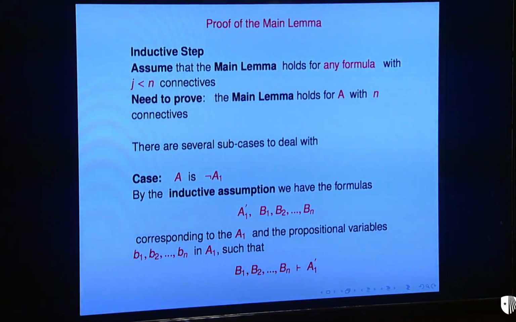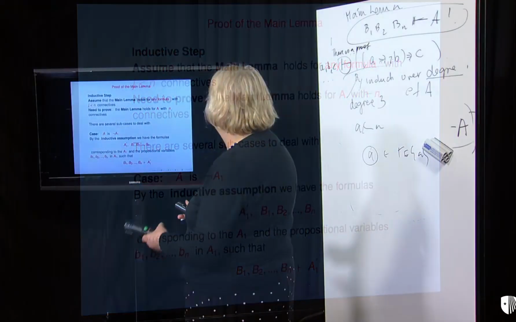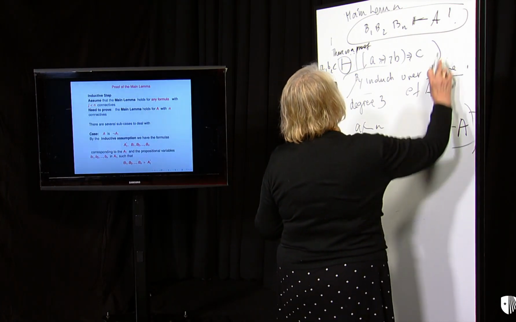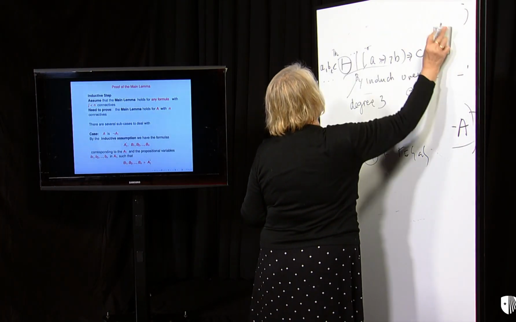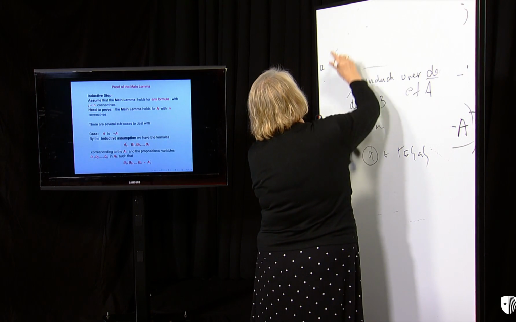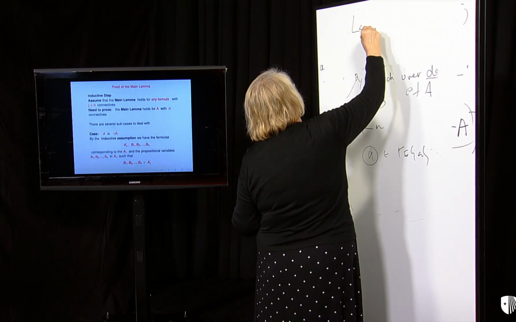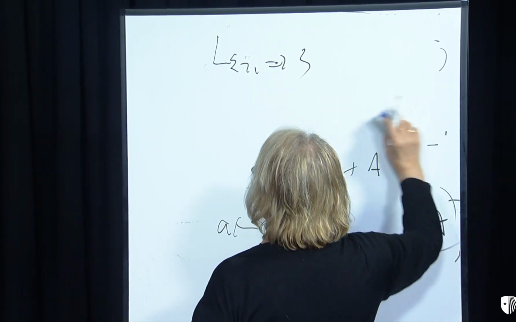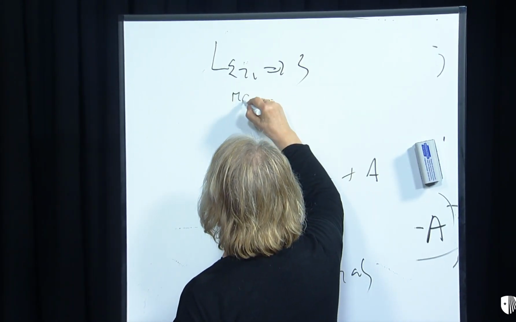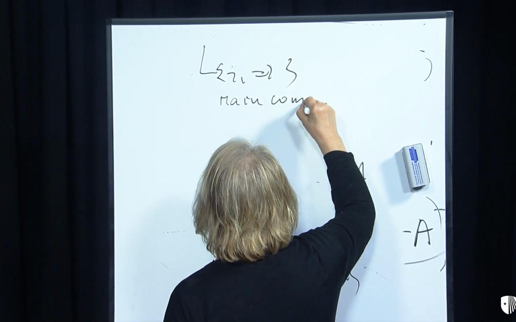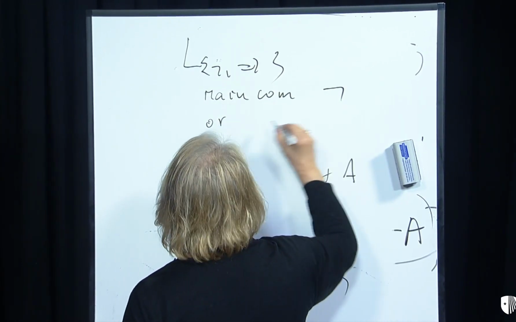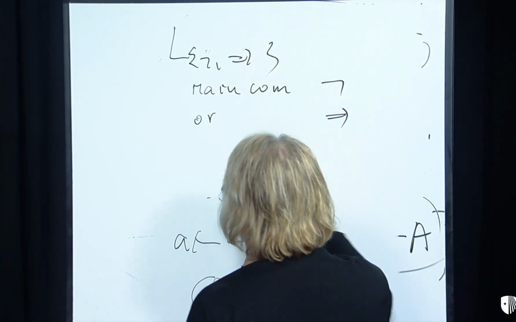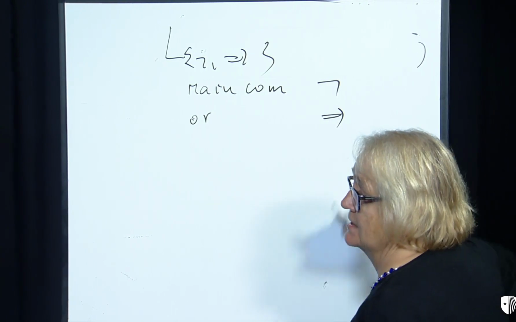And we have subcases, not that many, because remember our language was negation and implication. So the main connective can be negation or implication, so you have two cases.